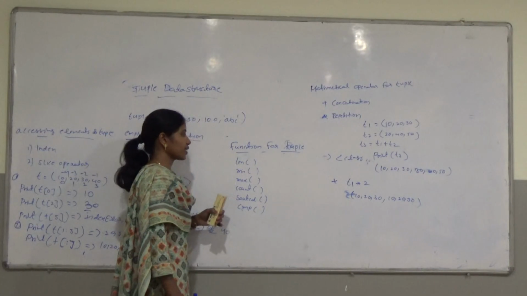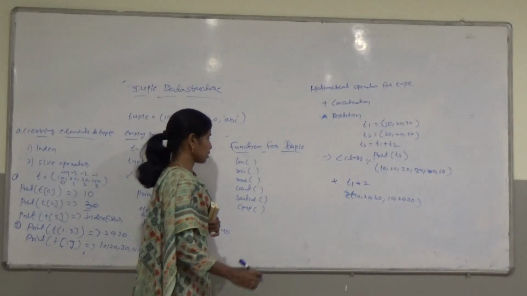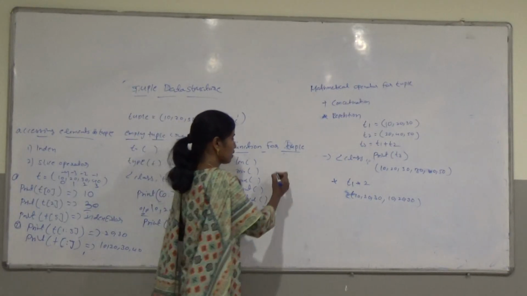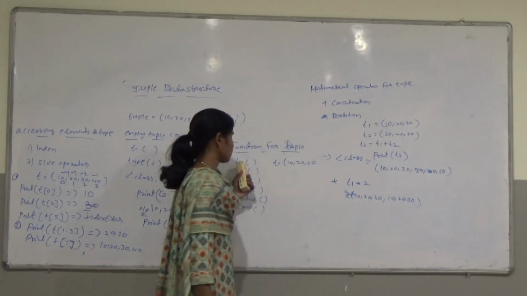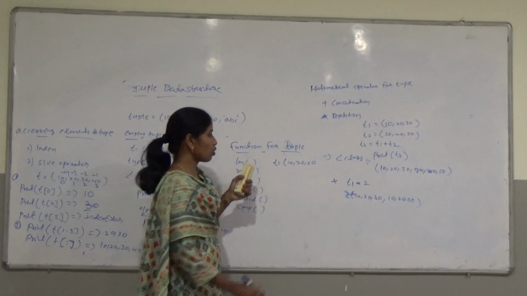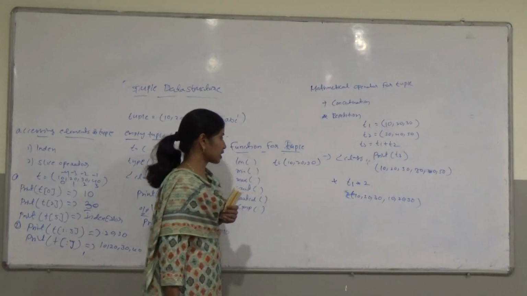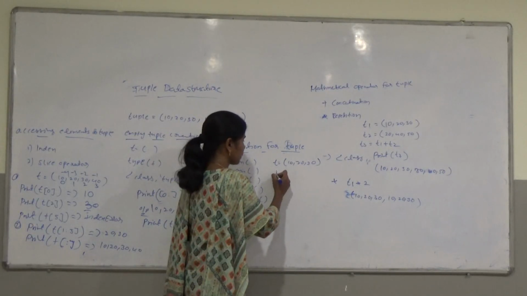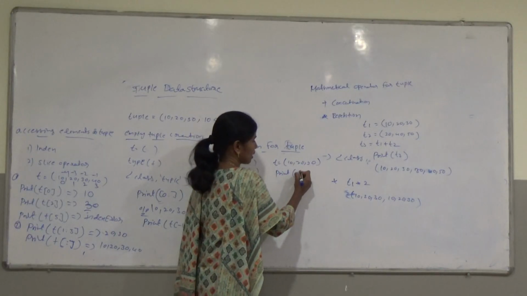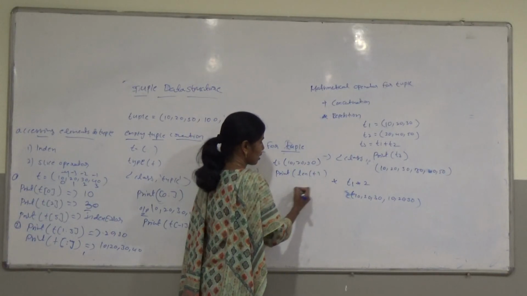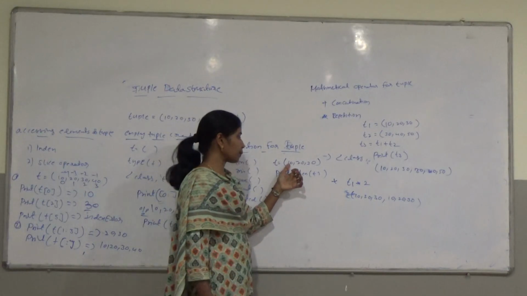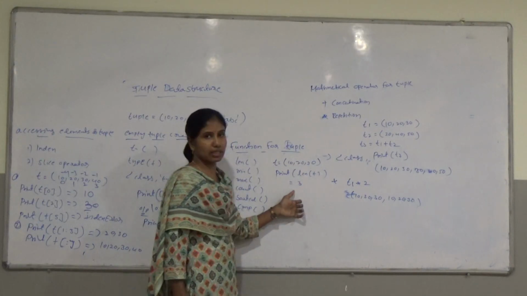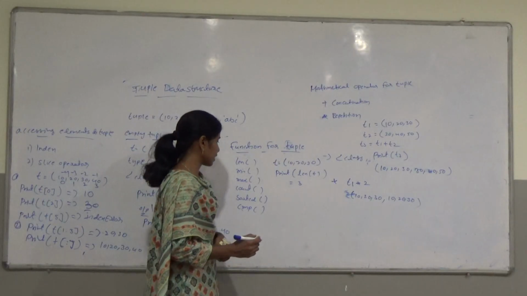These are some examples of functions for tuple. For example, the length function: t = 10, 20, 30. The length function returns how many elements are there in the tuple. Print(len(t)): the output is 3, since 3 elements are there in the tuple.